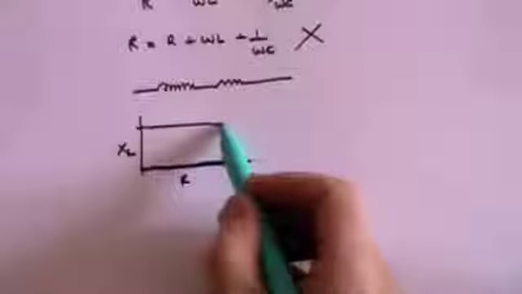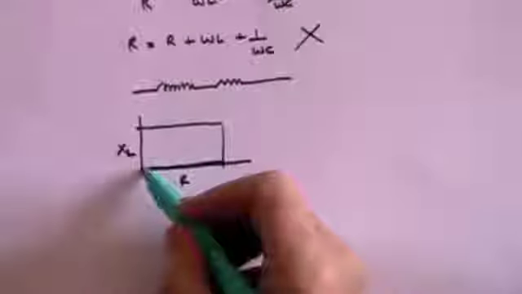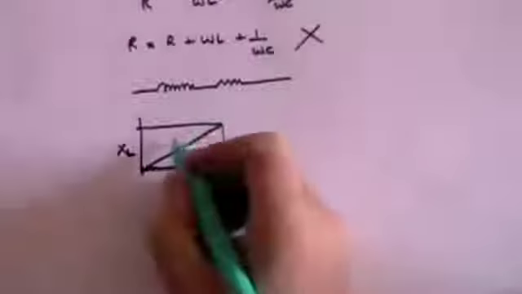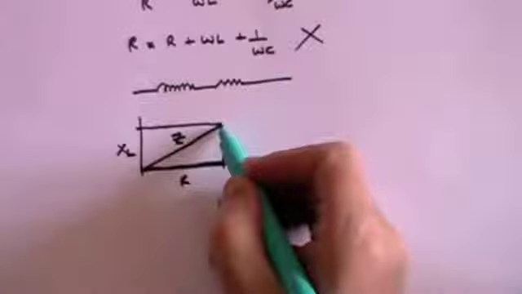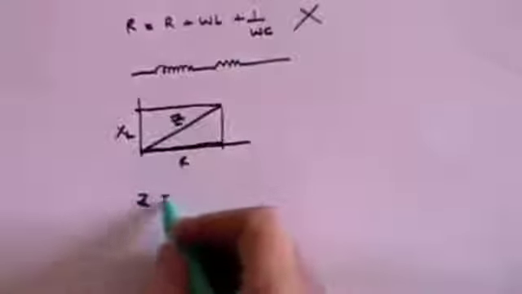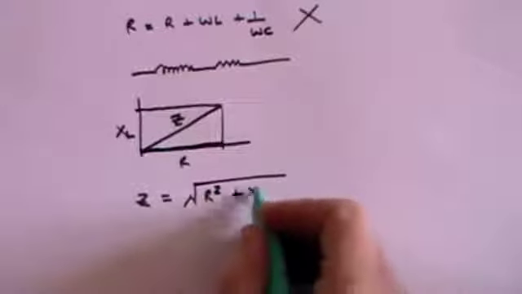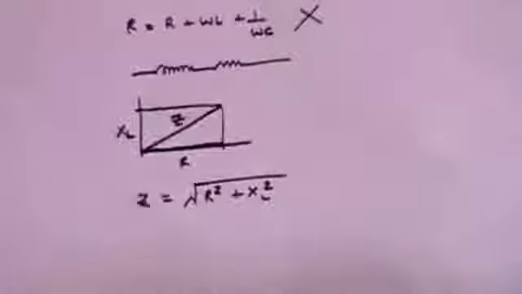And the way you calculate the net, what's called impedance, of these two devices is to apply the rules of Pythagoras. Pythagoras says that the length of this diagonal line is the impedance effect of the two devices. And I think you'll see relatively straightforwardly that Z is equal to the square root of R squared plus XL squared. It's just plain Pythagoras.